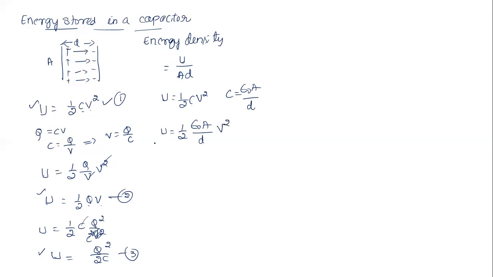That is the energy stored. Now I'm going to divide this by volume because I need to get the energy density. Energy density is nothing but energy per volume, that is area into distance. So it is half epsilon naught A by D into V square divided by A into D.